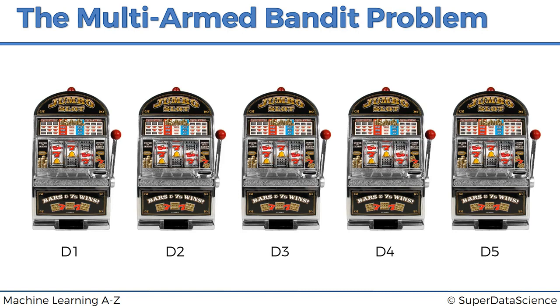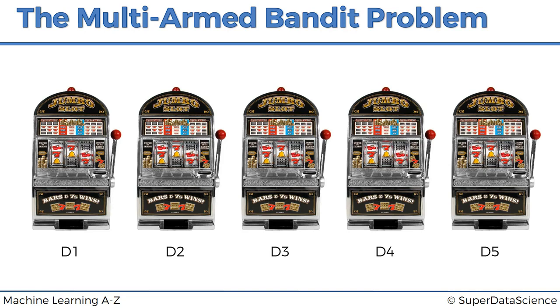Each one of these machines has its own distribution, and you pull the trigger and it just picks randomly out of its distribution a result, an outcome, whether you win or whether you lose, and how much you win and how much you lose. Or basically you lose the same amount you just put in, the coin. But basically it tells you whether you win or lose based on the distribution that's built into the machine.